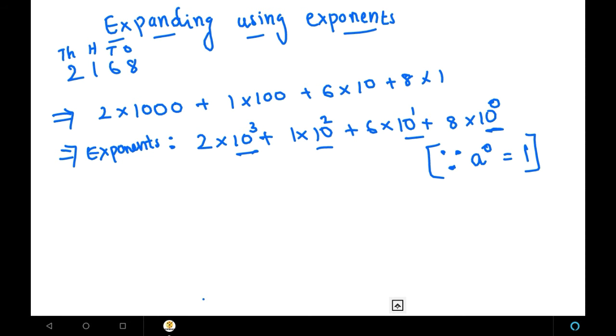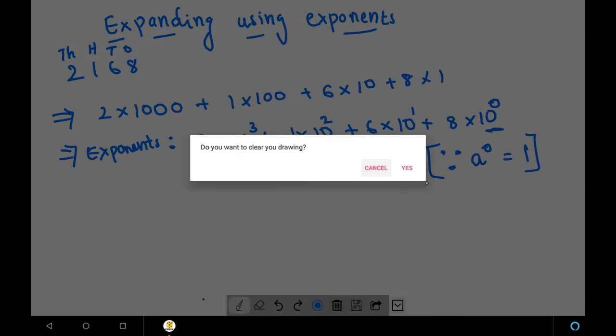I have another example here. Let us see exponents and powers expanding form more deeply with this example, which also contains decimal numbers. That is 1425.36. See, here we have decimal numbers also, right?